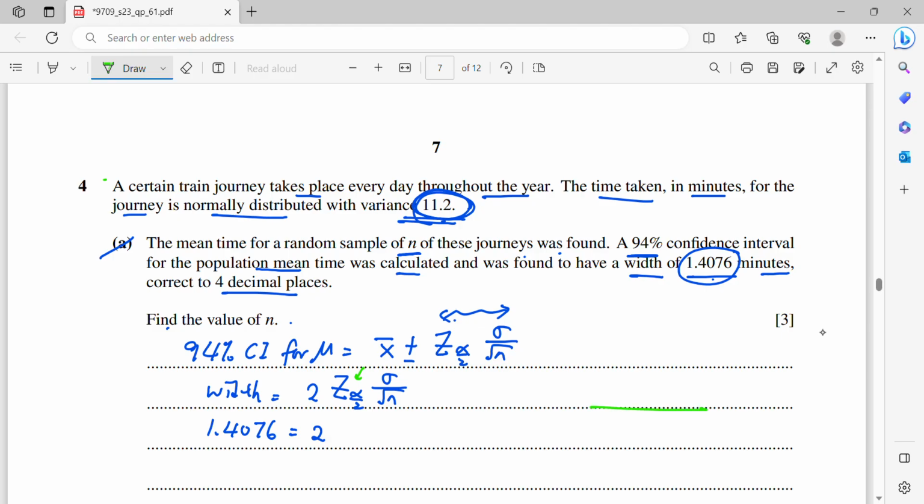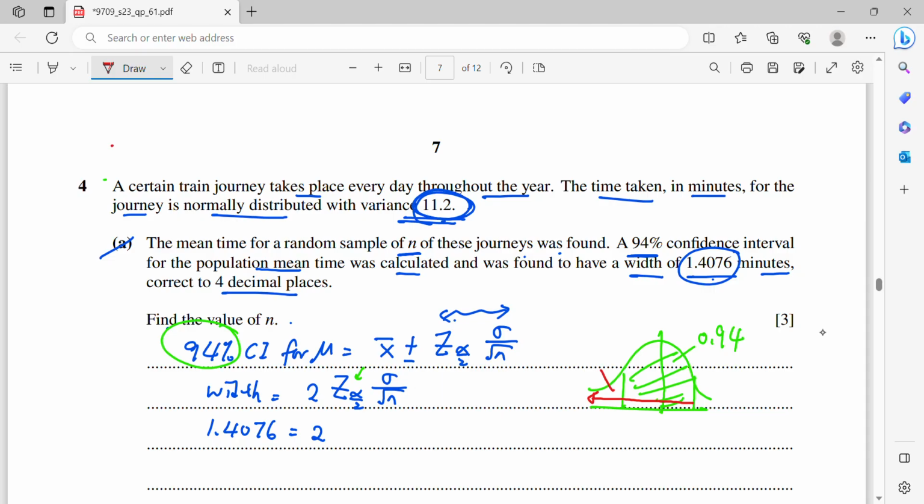graph. So I will simply sketch a normal graph. It is a 94% confidence interval, which means that in between is 94%, that means 0.94. Since we are using the Z test, we need to get the total region to the left hand side. I know that the total area under the curve is 1.